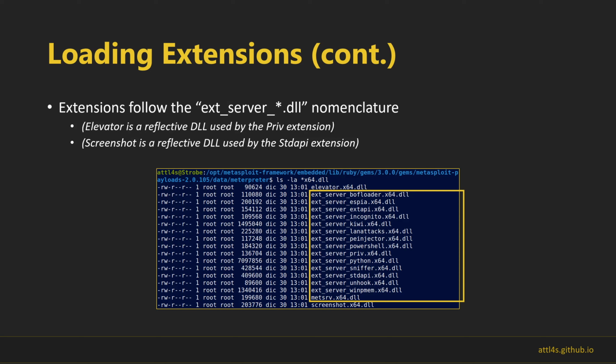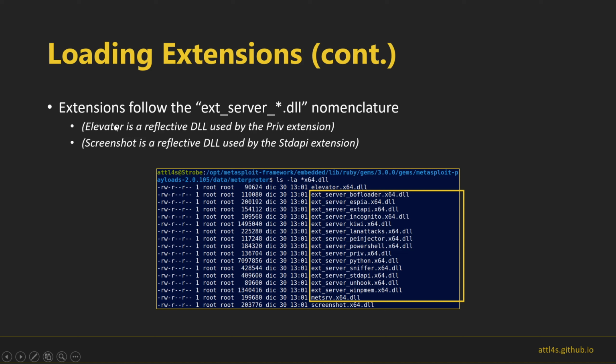So extensions, if you install the Metasploit framework, and you go to this folder, data Meterpreter, you will find a number of precompiled DLLs which correspond to the extensions. Okay, they follow the name ext_server_ plus the name of the extension .dll, and you will also see other ones which are related to a specific extension.